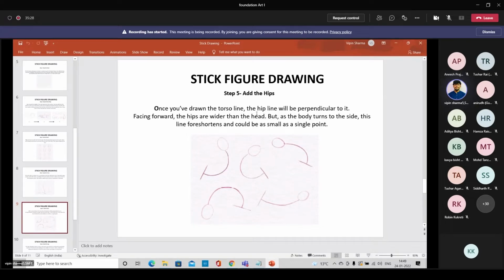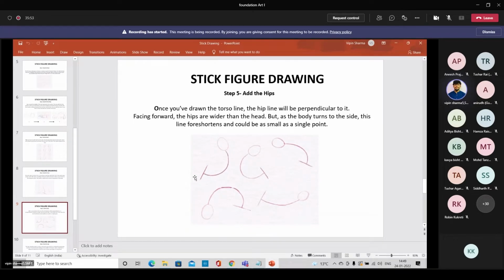Once you have drawn the torso line, the hip line will be perpendicular to it, facing forward. The hips are wider than the head, but as the body turns to the side, this line foreshortens and could be as small as a single point. Right, so if we are walking in a front pose, we can make this line in proportion.